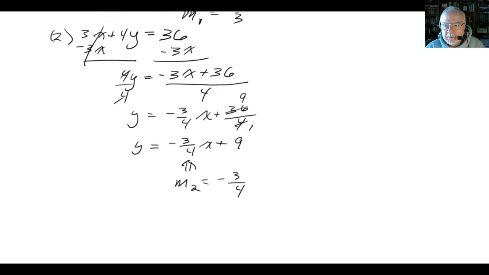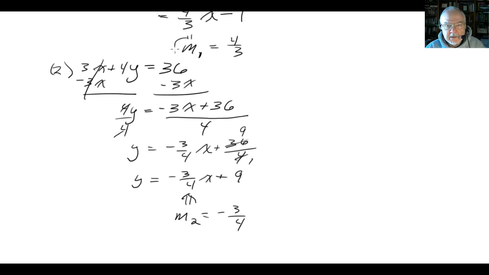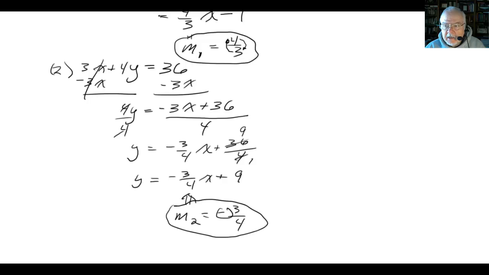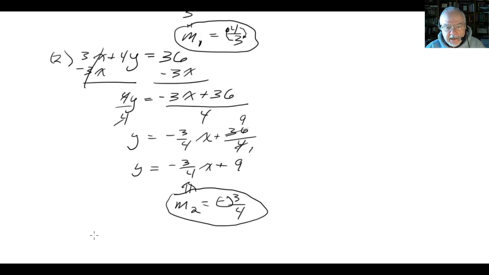Is that the reciprocal of slope 1? And yes, it is. Here's slope 1, and here's slope 2. So you'll notice we have a reciprocal. The 4 went down here, and the 3 went up here. And it's a negative reciprocal because of that. And of course, we could always just check to see that when we multiply them together, m1 times m2, we get minus 1. So m1 is 4/3 times minus 3/4.